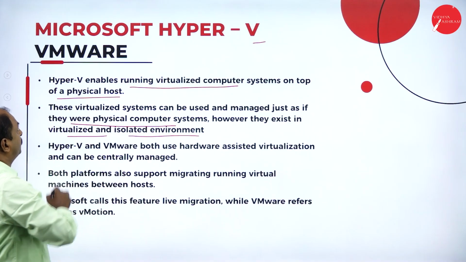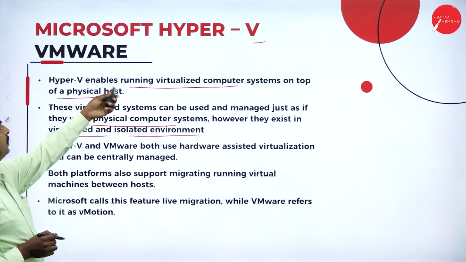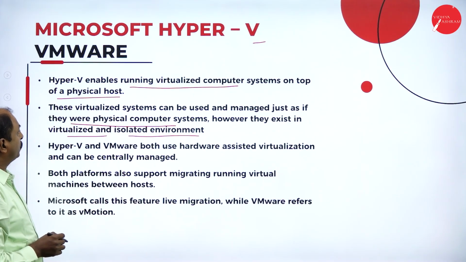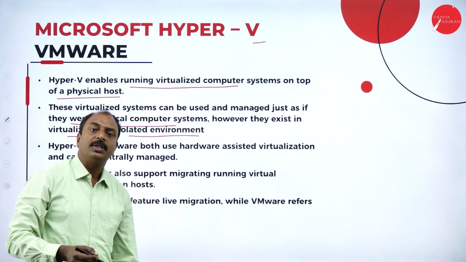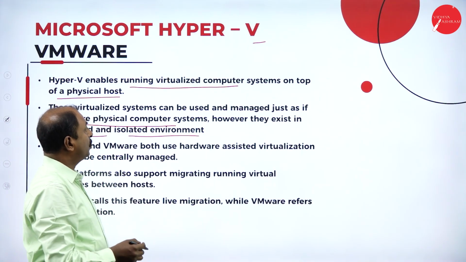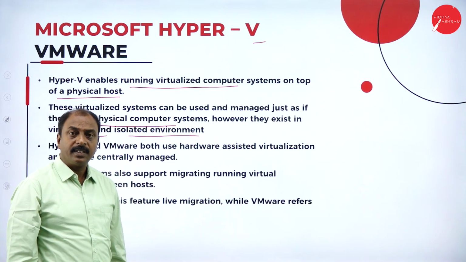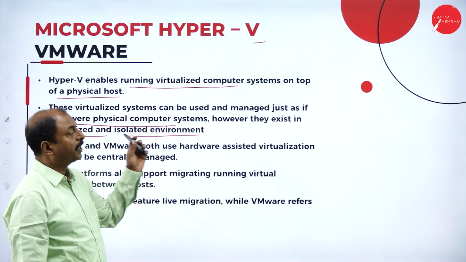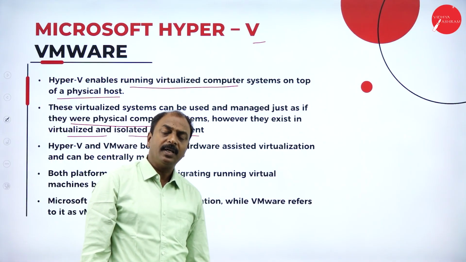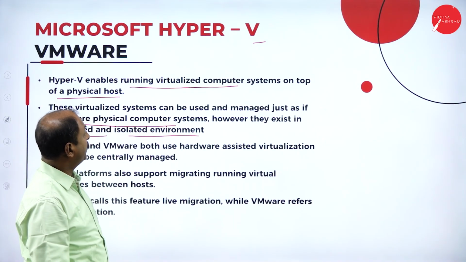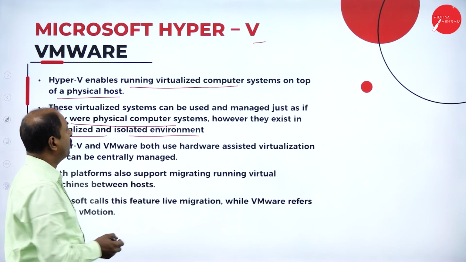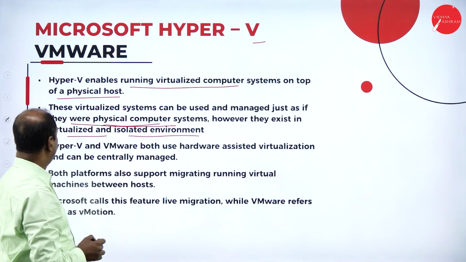What is the advantage of this? Hyper-V or VMware helps the user work with the virtualization environment. Though they are working with different virtual environments, the users may not feel that; for them, it is just like working with only one physical computer.